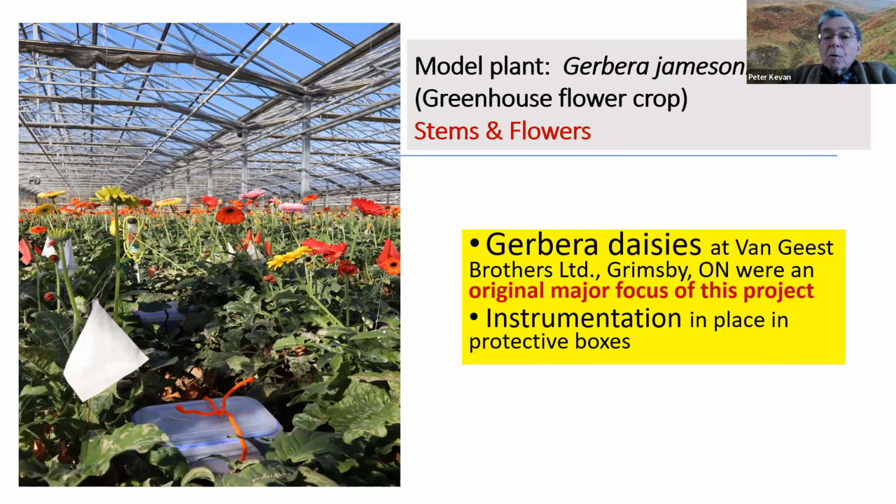Gerbera jamesonii was our original major focus for our project, and we were made very welcome by Van Geest Brothers greenhouses in Grimsby, Ontario. And this shows the setup we had at Van Geest, and one can see there a box in the foreground which has instrumentation in it, and then from that instrumentation the thermocouple wires were extended into the stems and into the flowers of different Gerbera varieties.